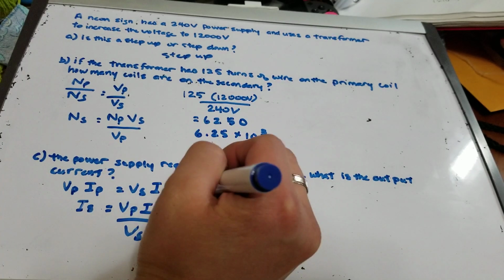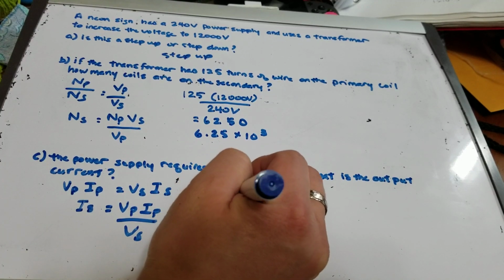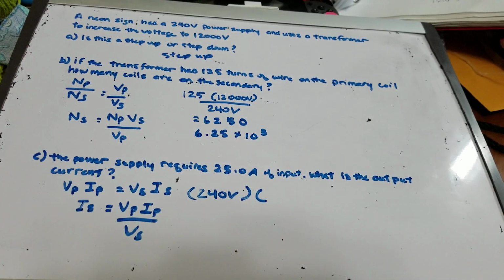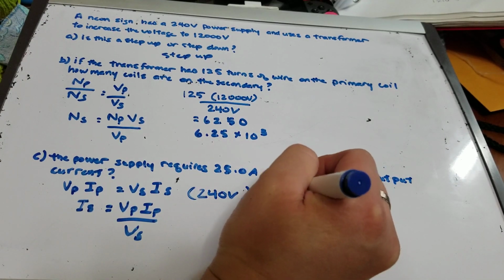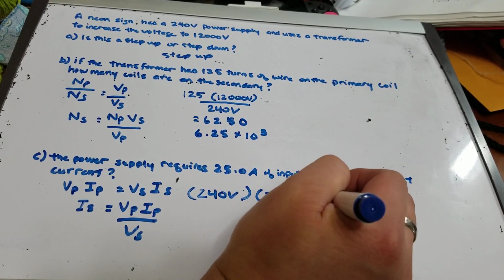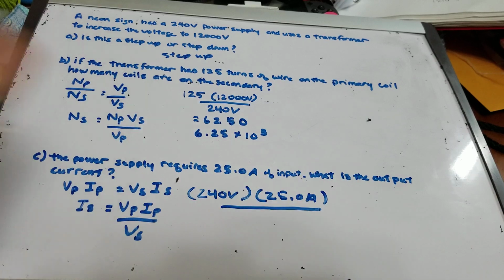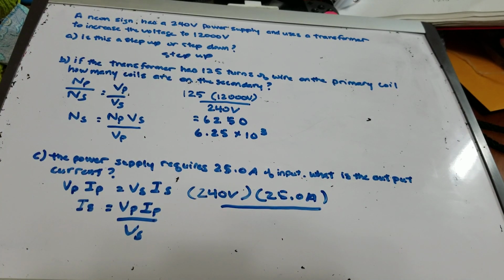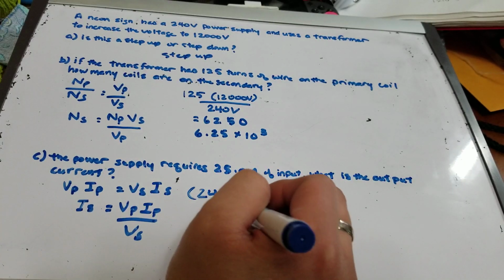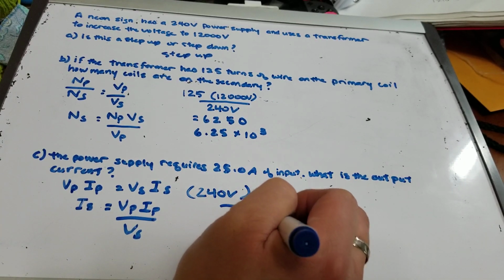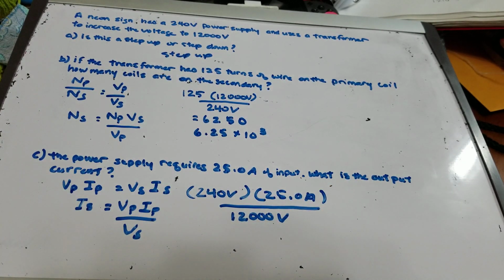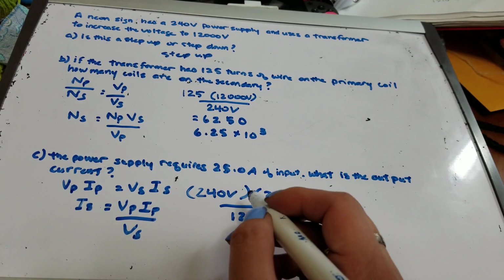So I go 240 volts, and I multiply that by my current primary. That's given in part C, that's 25.0 amps. So I multiply by 25.0 amps, divided by my voltage secondary. That's the huge number we saw in the beginning of the problem, the 12,000 volts. So I go 12,000 volts.